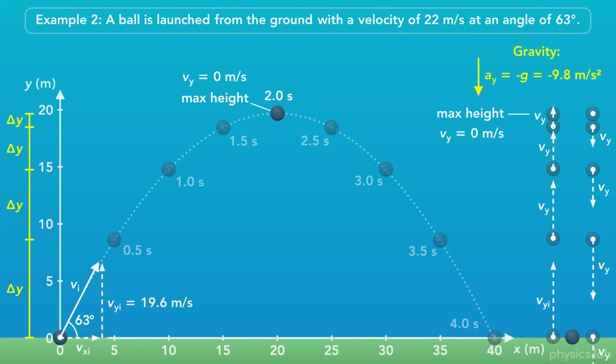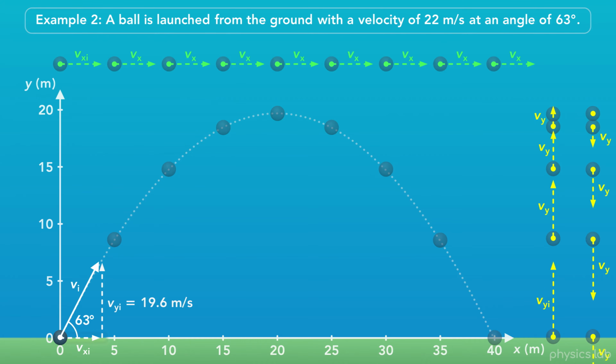Just like with 1D projectile motion, when the ball reaches the maximum height, the y velocity is 0 because it's reversing direction. The ball is still moving to the right, but it's not moving up or down at that moment. So the horizontal velocity is constant, but the y velocity changes because of the acceleration due to gravity.